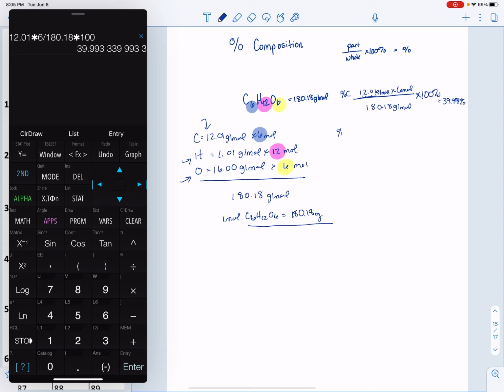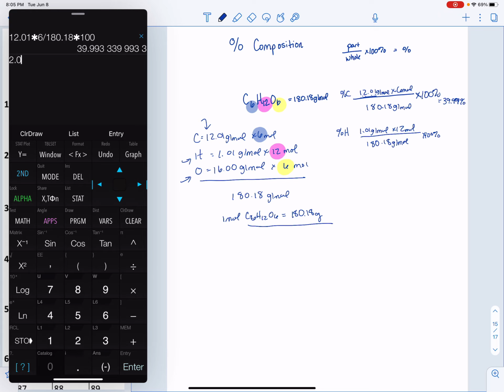Now if I want to know the percent hydrogen, and again, make sure you're solving for what the problem asks. Don't do extra work. 1.01 grams per mole, that's the hydrogen, times the 12 moles of hydrogen, and then it's got the same mass on bottom because that's the mass of the molecule that it's in, times 100%.